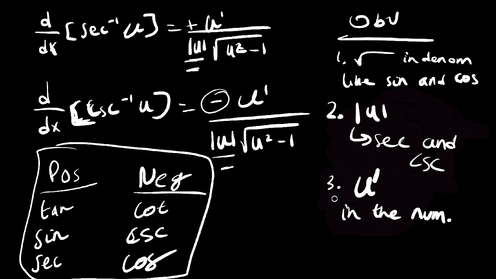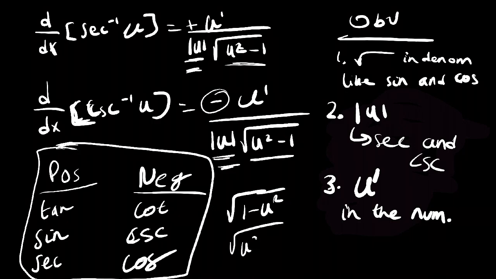Never forget that there's always u prime no matter which one of these we're talking about. Remember this positive and negative chart. And remember that order does matter for secant, cosecant versus cosine, sine, because in cosine and sine we have the square root of 1 minus u squared, and in secant and cosecant we have u squared minus 1. So don't forget that.